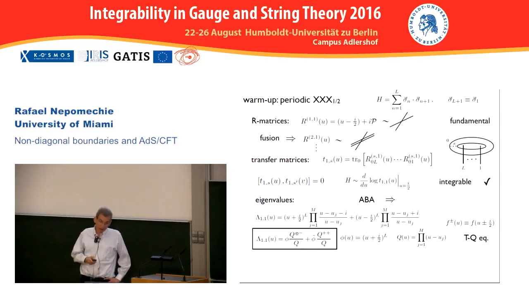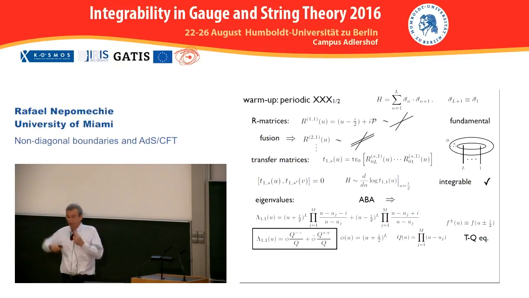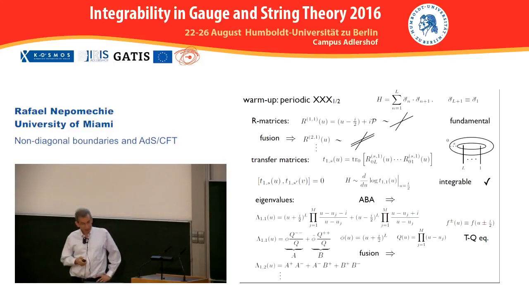And now using the fusion procedure, which again I won't describe, but it's kind of like just turning a crank, we can get, say, the eigenvalues of the next one, lambda 1,2. If I introduce a further notation, I call the first term in the TQ equation A and the second term B, then instead of having 2 terms, now we have 3.